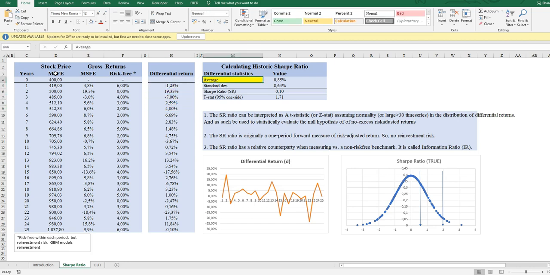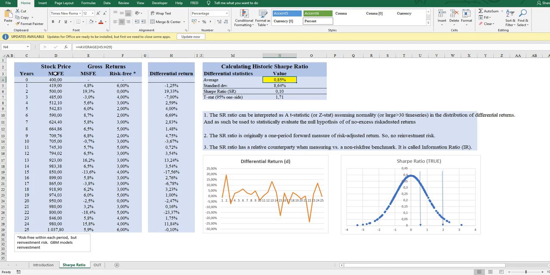Let's take the average of the differential return, and we see we get 0.85. So on average, Microsoft has delivered excess return of 85 basis points.